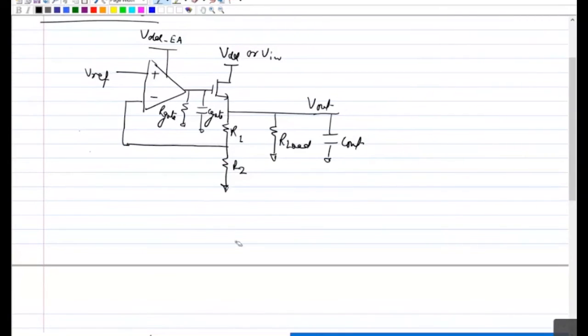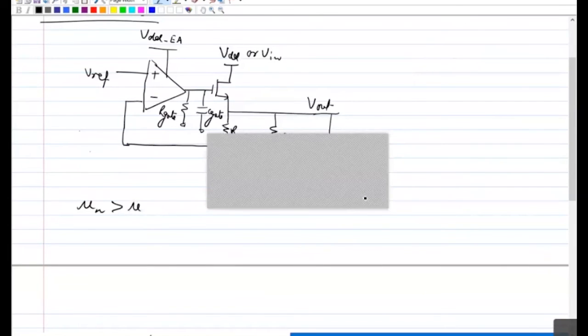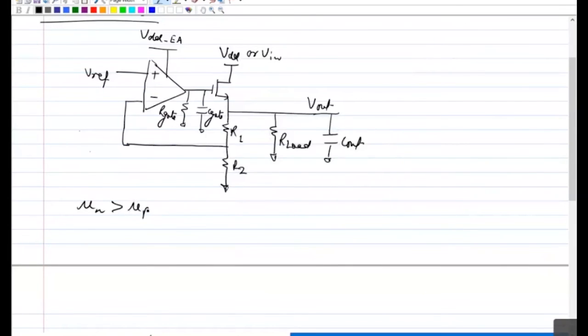So the one advantage of using NMOS is that we know the mobility of NMOS is greater, usually 3 to 4 times in the lower technologies.